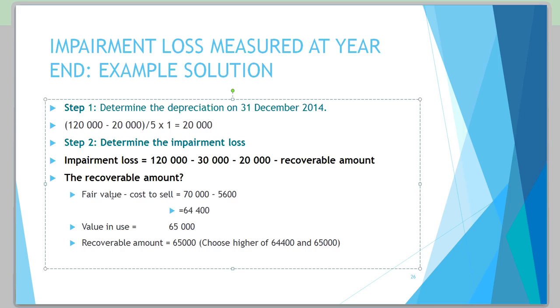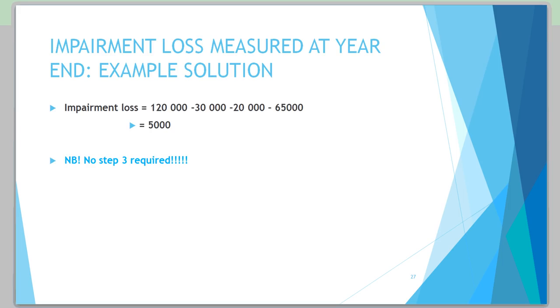A recoverable amount is still fair value less cost to sell, or value in use, and I still need to choose the higher one, which is still 65,000. So there, my impairment loss is then 120,000 less 30,000 less 20,000 less 65,000, which gives me an impairment loss of 5,000.